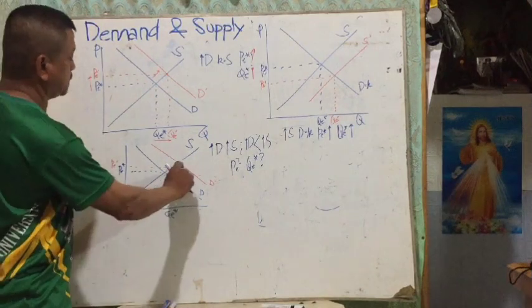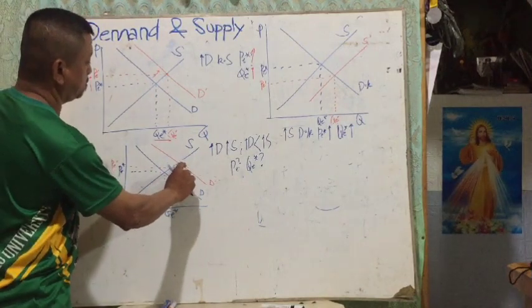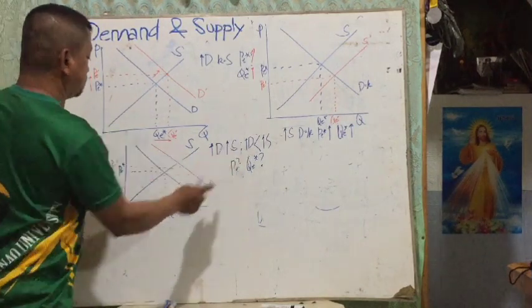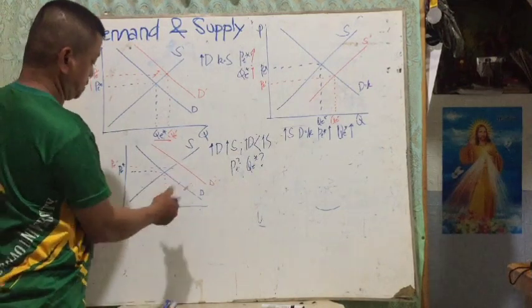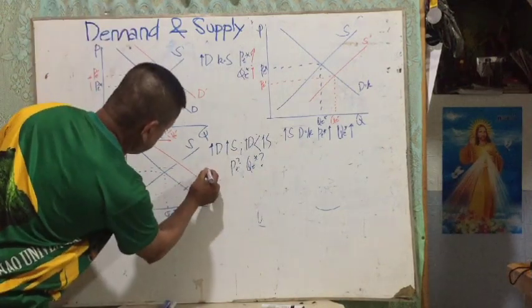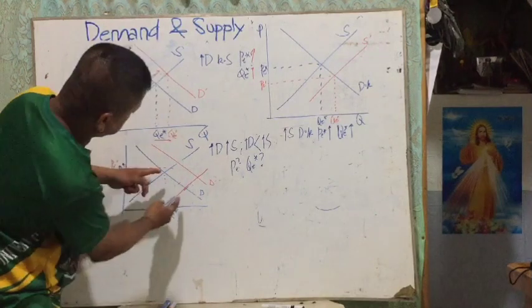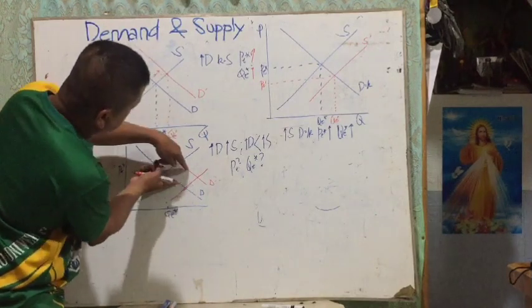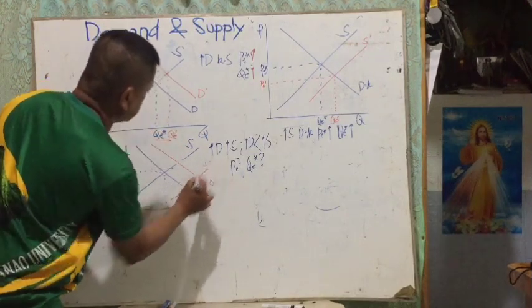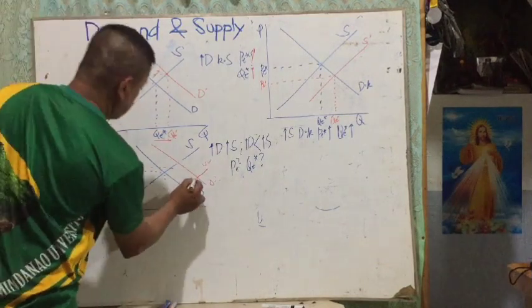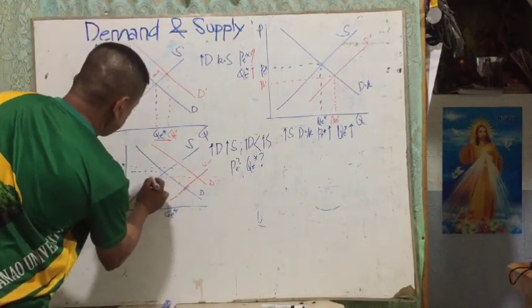However, remember, this is the space of the increase in demand, but the increase in supply is greater than the increase in demand. So, let us say this is a bigger space compared to this. So, this is now the new supply and there is now the new intersection.